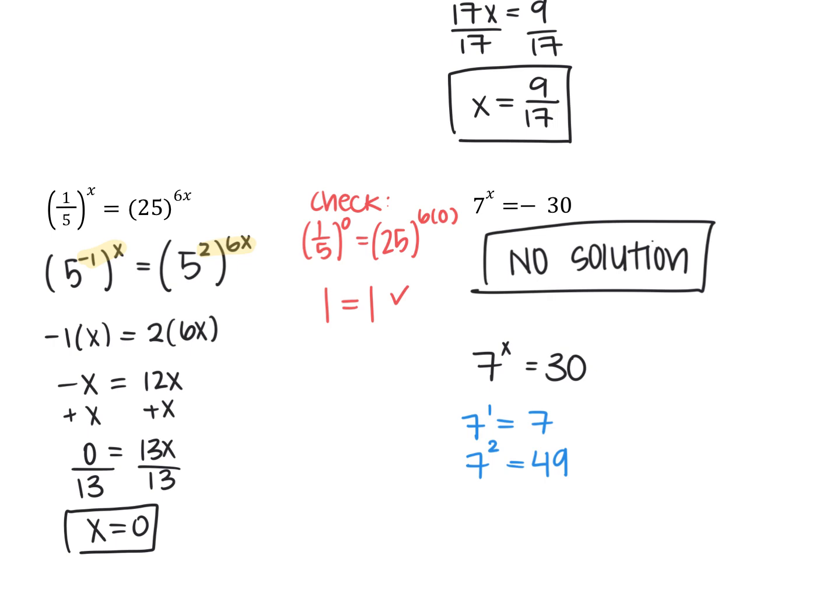So the other problem here is 30 cannot be rewritten as 7 raised to a power.